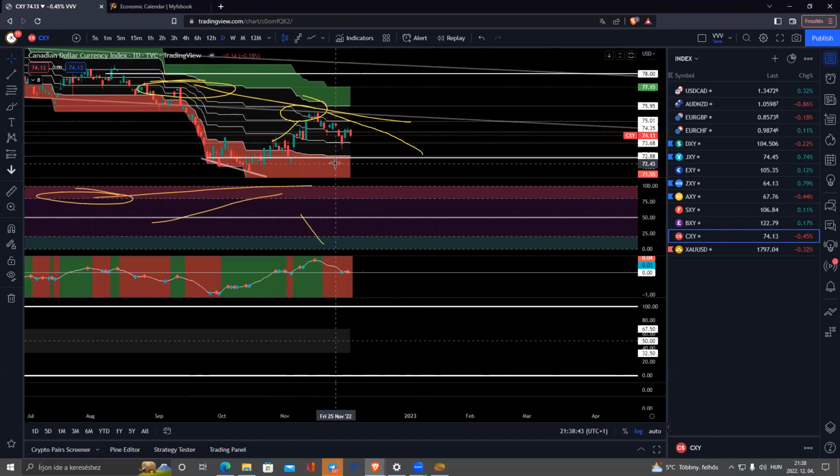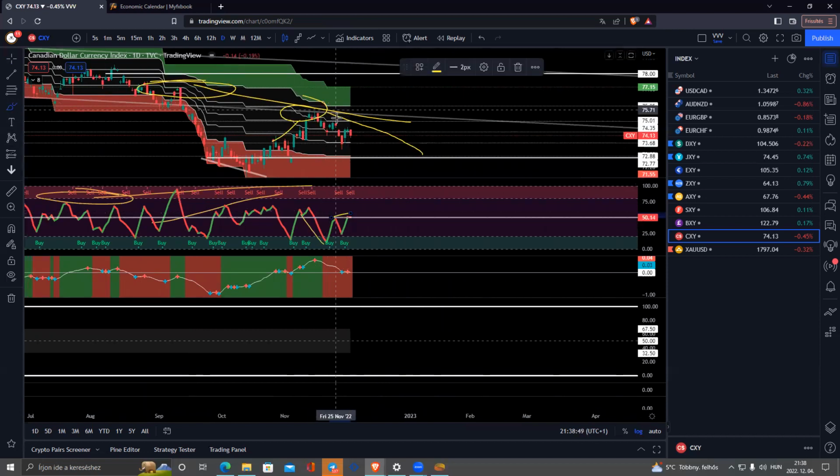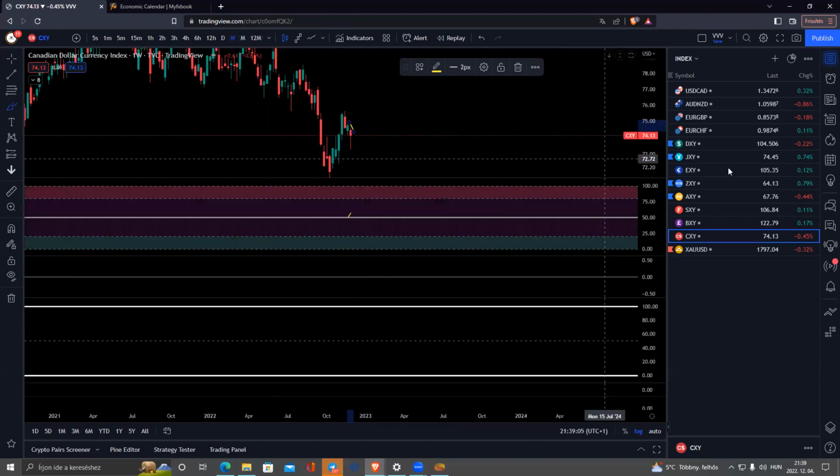Okay, it didn't change actually. Yes, it changed because we got here the divergence as well. So I want to see the weaker Canadian dollar next week. There's not much to see. I think this was the easiest pair to analyze.